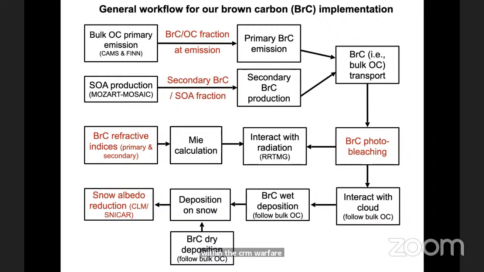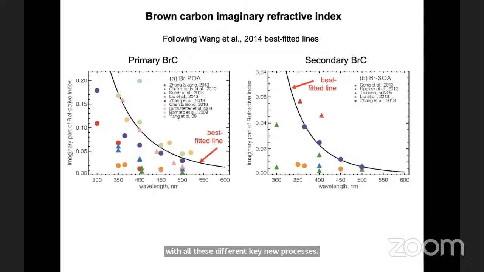To give you a more specific idea of how we deal with all these different key new processes, marked as red here, what I'm showing is the collection of all the previously measured brown carbon refractive index for the imaginary part, which is really related to the absorption capability of the brown carbon species. For primary, which means directly emitted from anthropogenic and biomass burning or fire emissions.